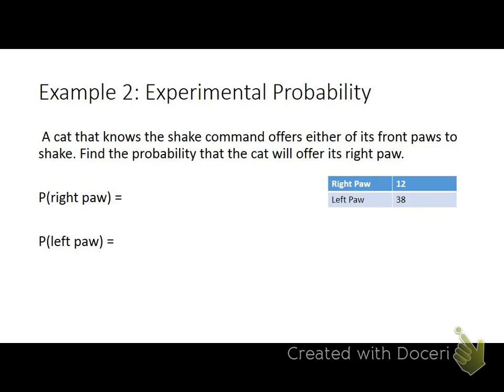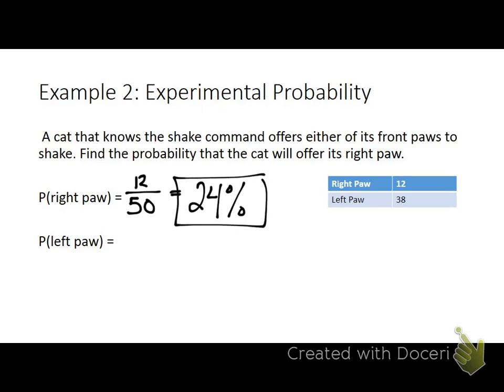All right, so go ahead and try to write that probability. How many times did he offer his right paw? 12. Okay, so he offered the right paw 12 times out of how many? 50. So what's my percentage? 24%. Now, before I even calculate left, does anybody know a way to figure out the percentage?